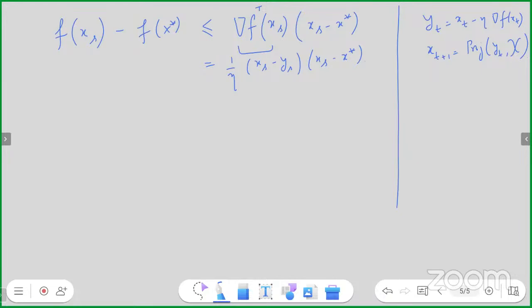What would I get? Would that be sufficient? All I would get is f of xs minus f of x star to be less than. Something is wrong, right? That can't be true.